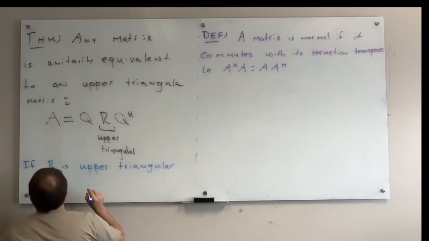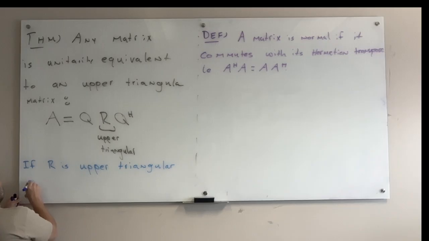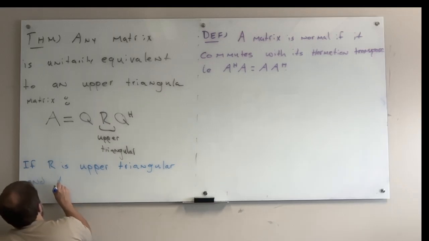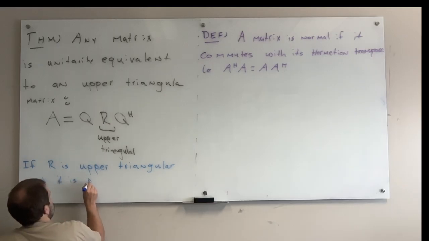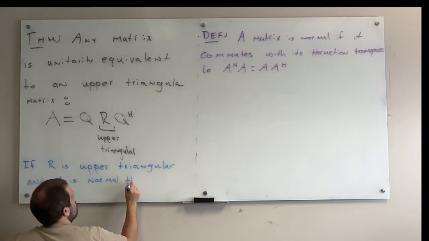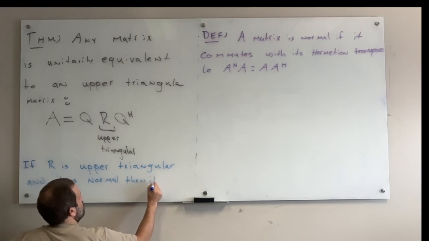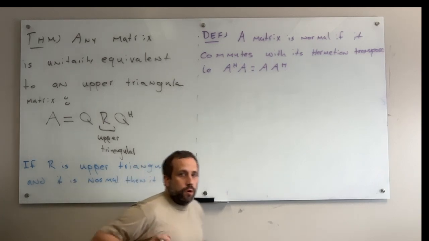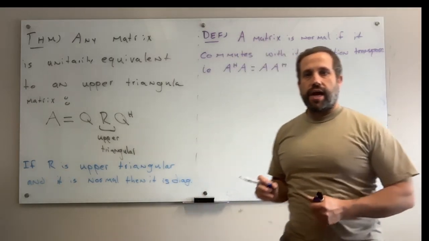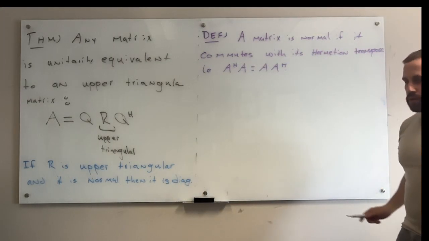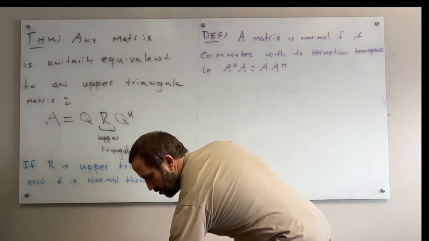If R is upper triangular and it is normal, then it is actually diagonal. So in other words, a normal upper triangular matrix is diagonal. And again, normal means this right here. So a normal upper triangular matrix is diagonal.